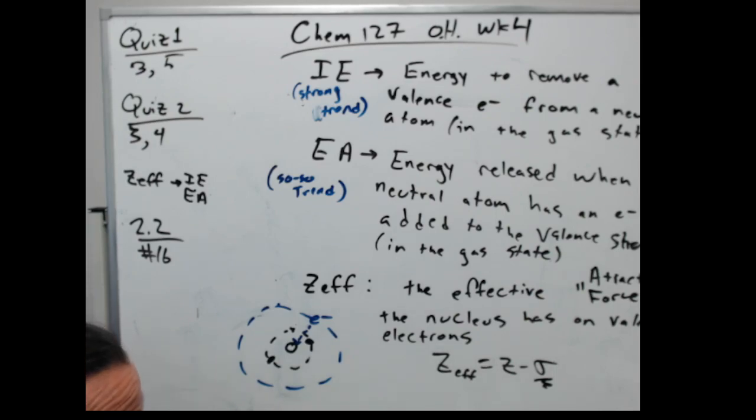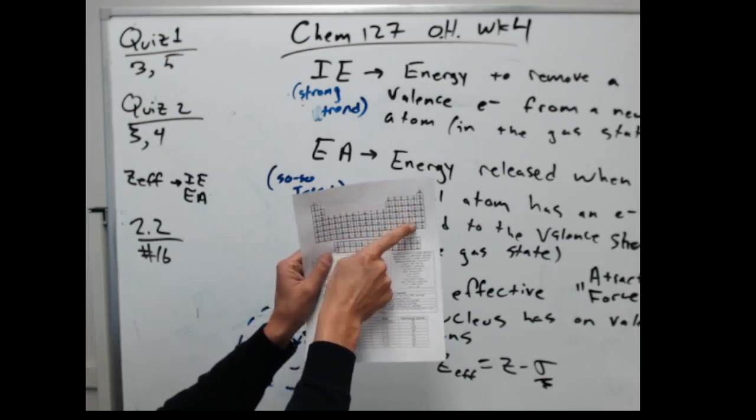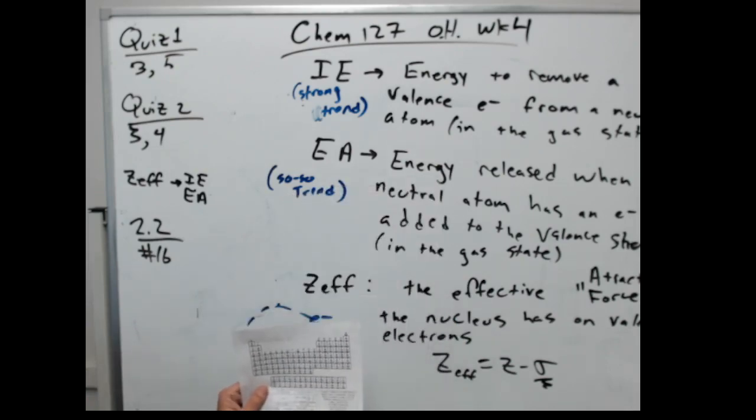But if you look at something like fluorine, chlorine, bromine, iodine, those halogens that are one column over from the noble gases, they've got a small radius, they've got that high effective nuclear charge because they've got their core electrons, they've got an opening in their valence shell, and they've got a lot of protons. So they pull electrons towards them really well, but only one, because there's only one space in the valence shell.